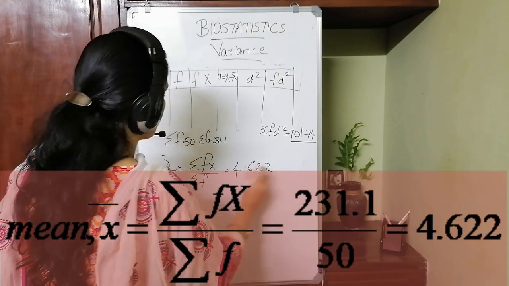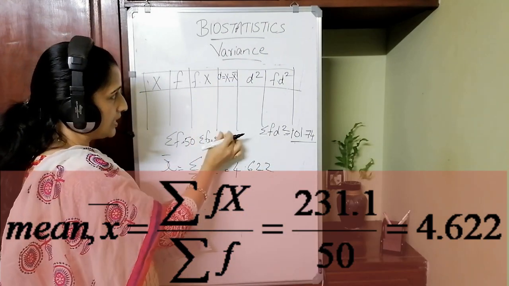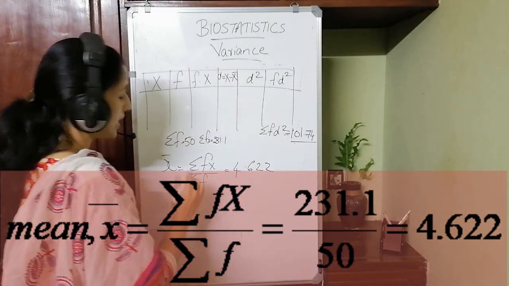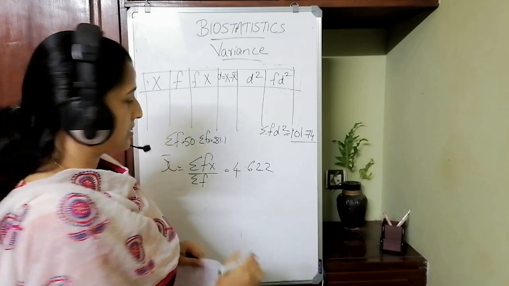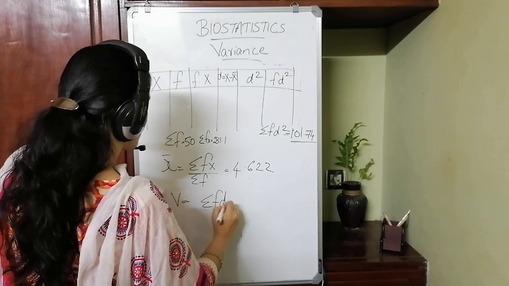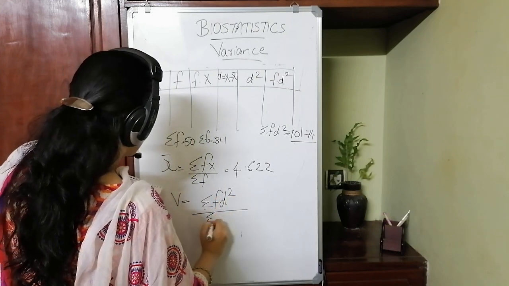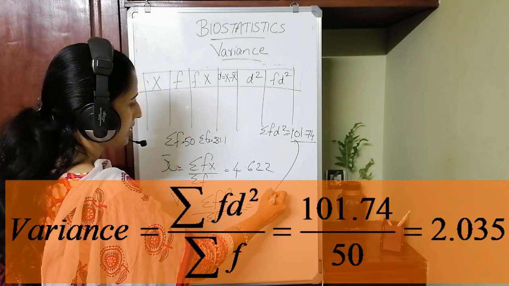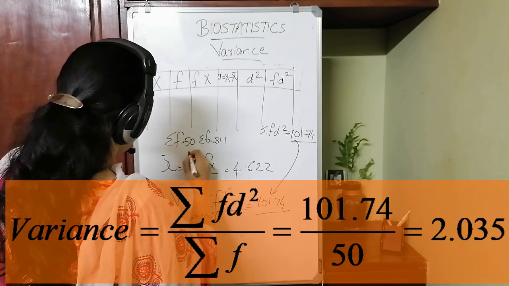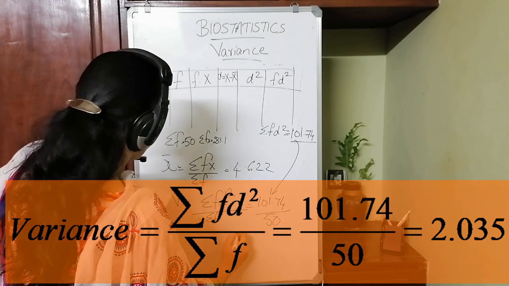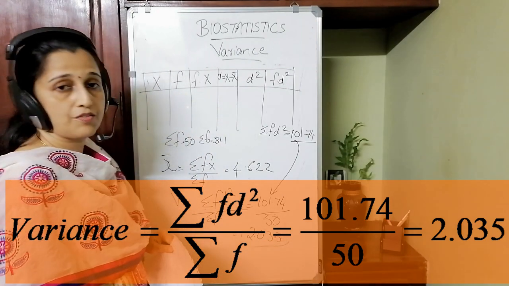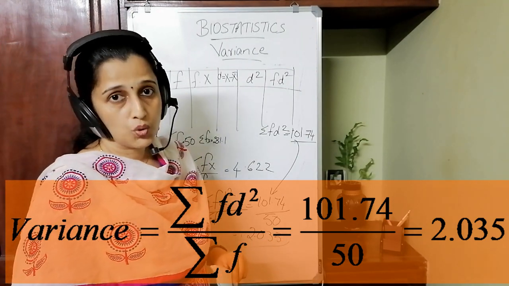After finding the arithmetic mean, you find d, d square and f into d square, and find sigma fd square. The final equation for variance is V equal to sigma fd square divided by sigma f, that is 101.74 by 50. So the answer comes to 2.035. That is the variance for this grouped data.